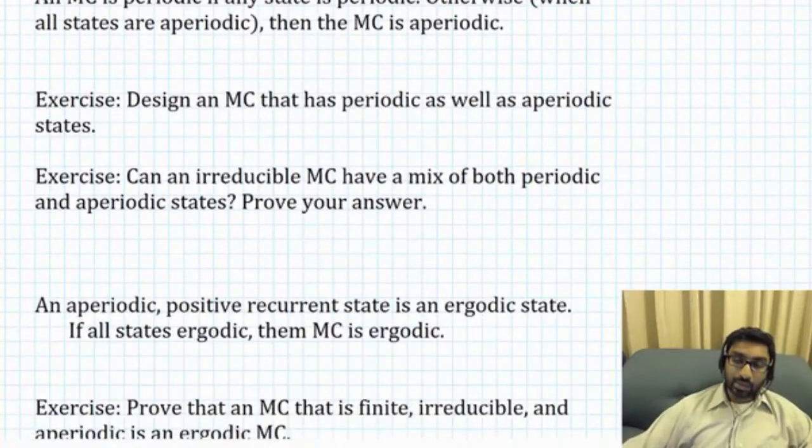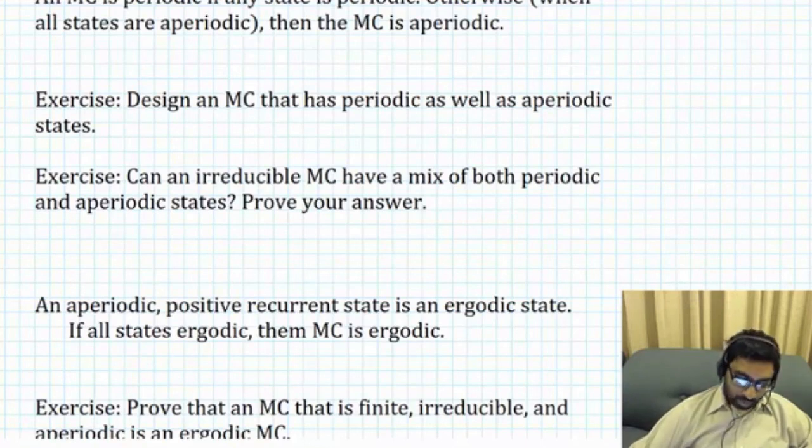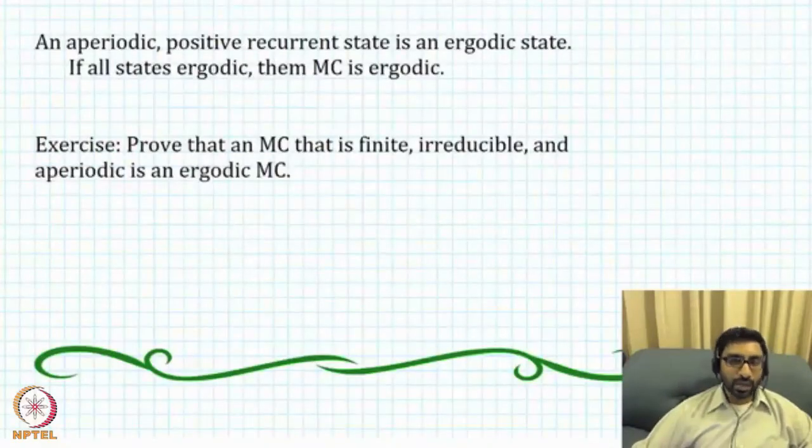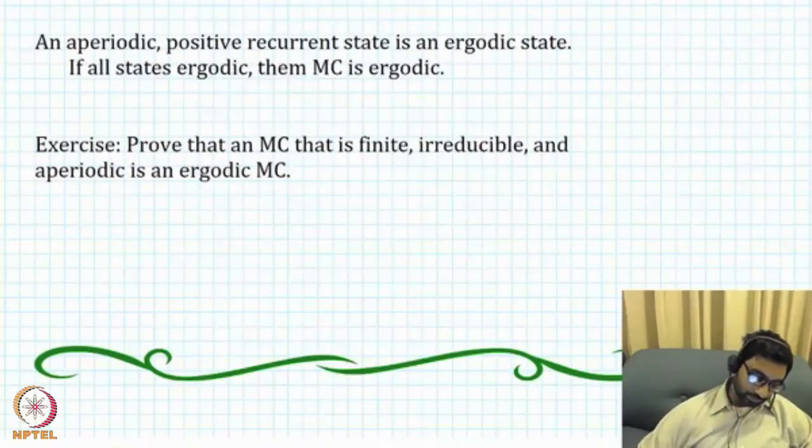And another question. Consider an irreducible Markov chain, basically a strongly connected graph. Can such an irreducible Markov chain have a mix of both periodic and aperiodic states? So think about it and make a claim and prove your answer.